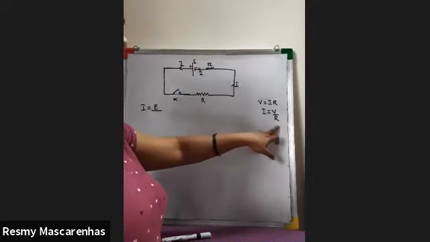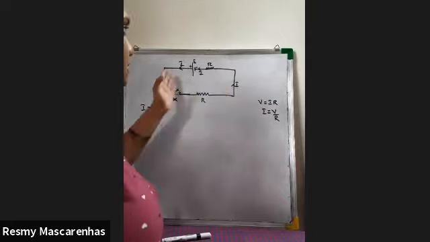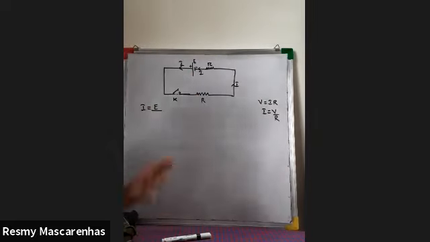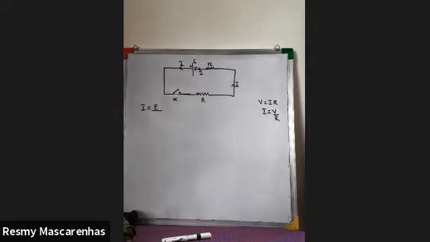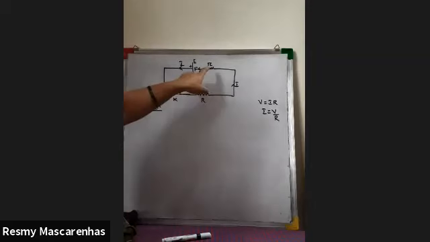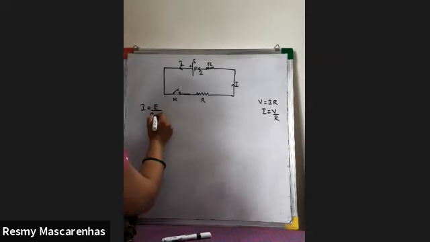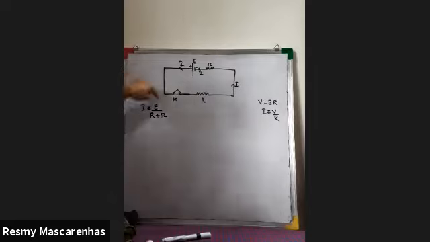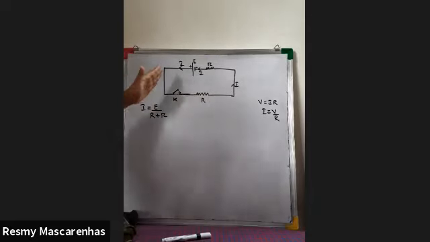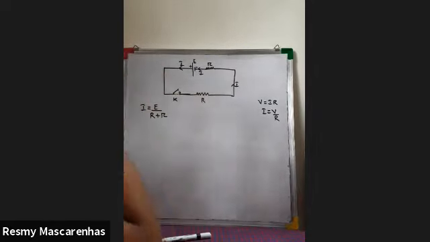You cannot just write R. You have to see how many resistors are present over here. So how many resistors can we see? 2. There are 2 resistors. Correct? So one is small r, the second one is capital R. So it will be R plus r. So this is the current flowing through the circuit when the key is pressed.